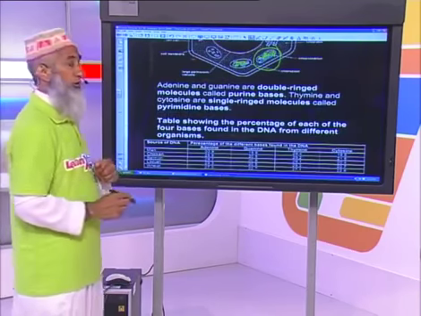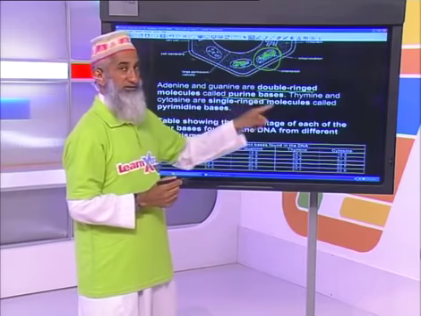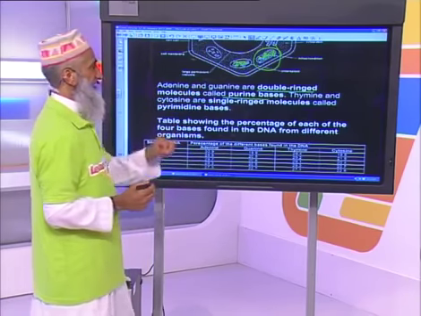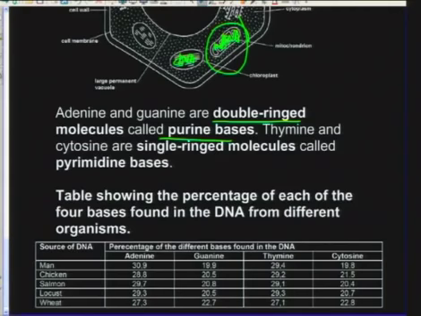A little more on the bases. Adenine and guanine are double-ringed structures, and they are called purine bases.